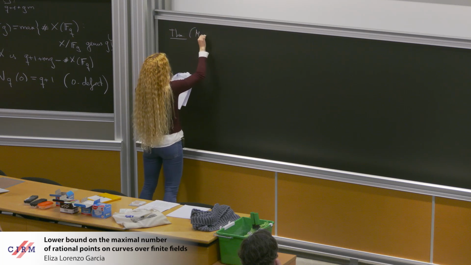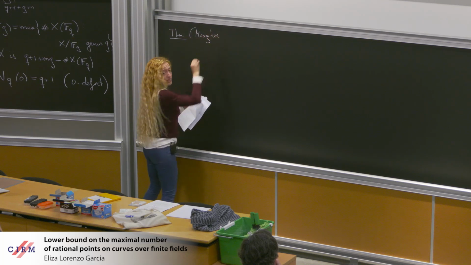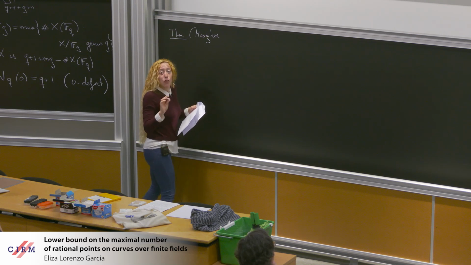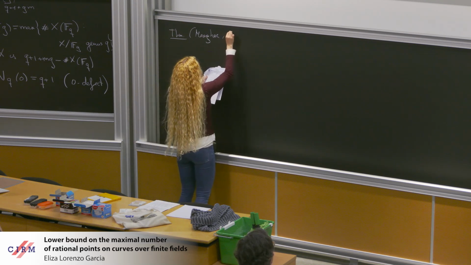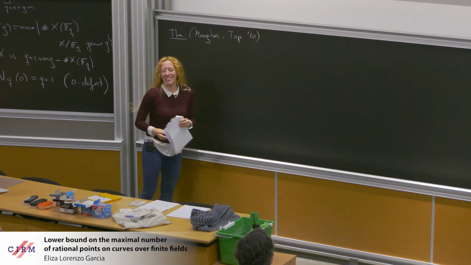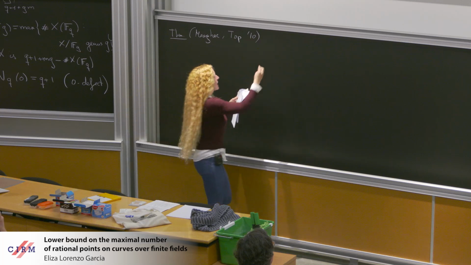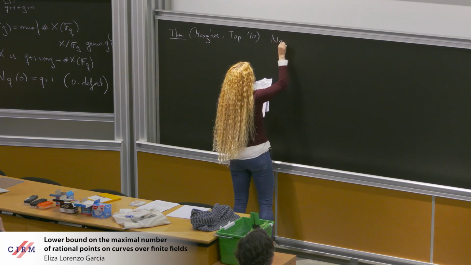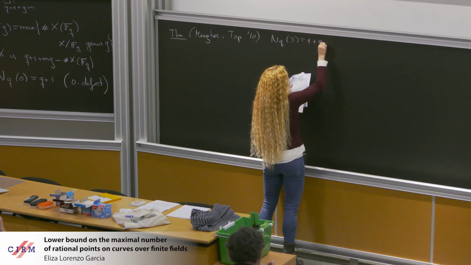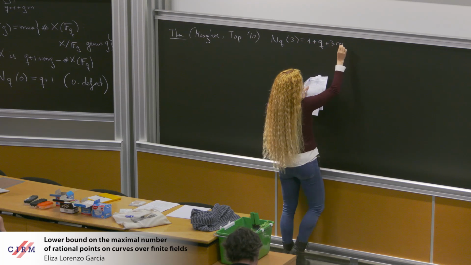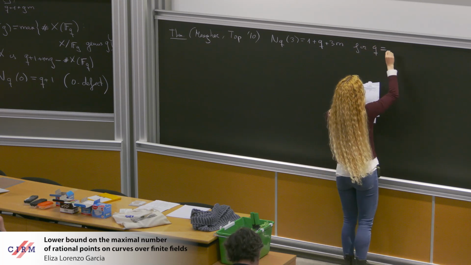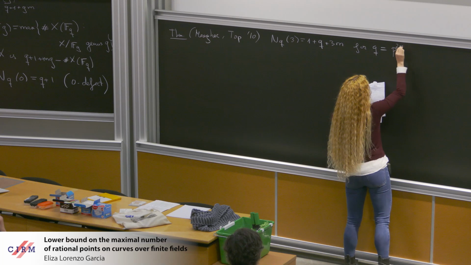This is by this person and Top in 2010, that basically they proved for some values of q that the defect is 0. And actually this is realized, attained by a twist of the Klein quartic.